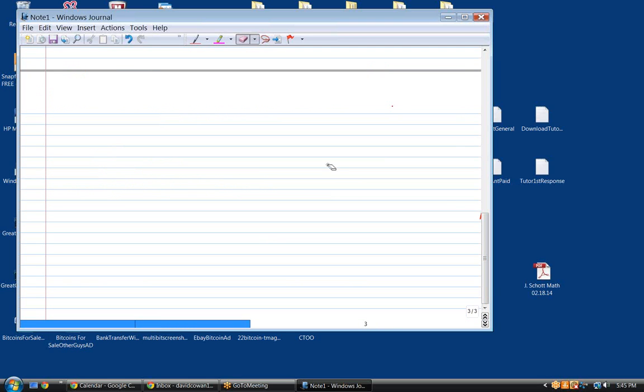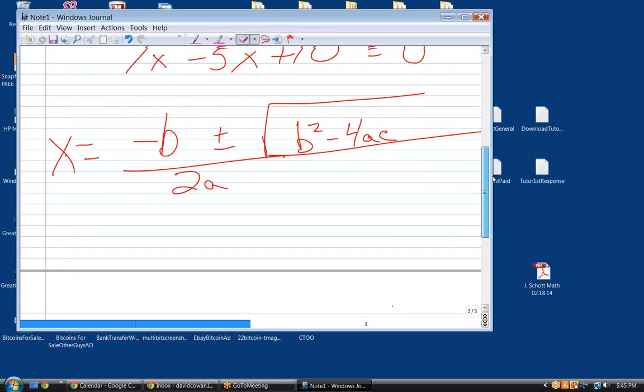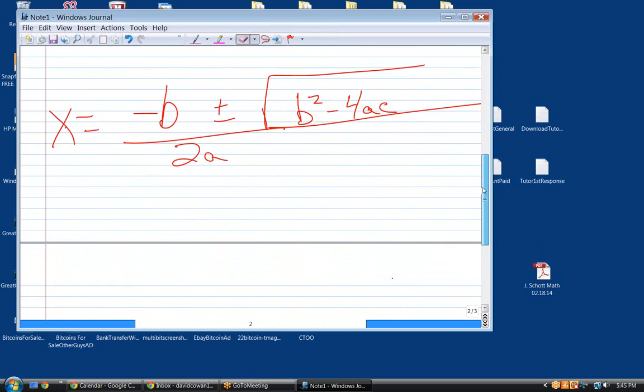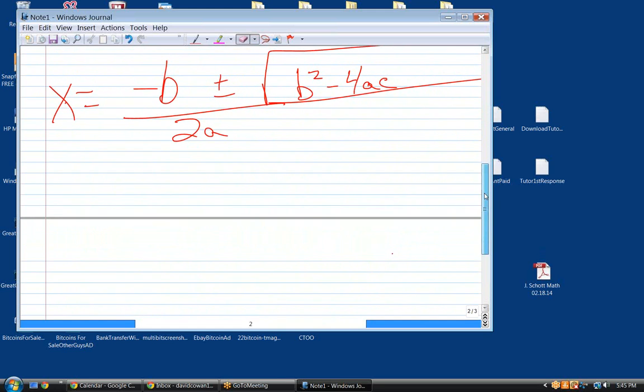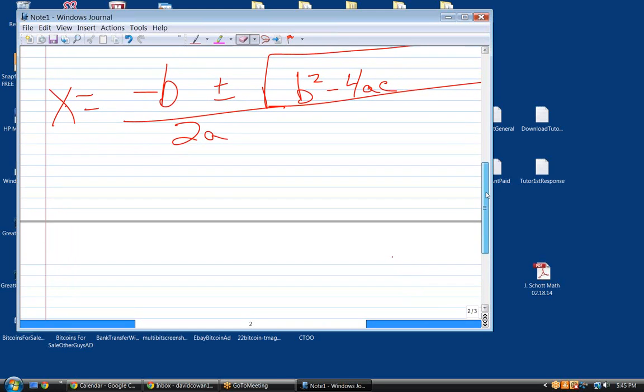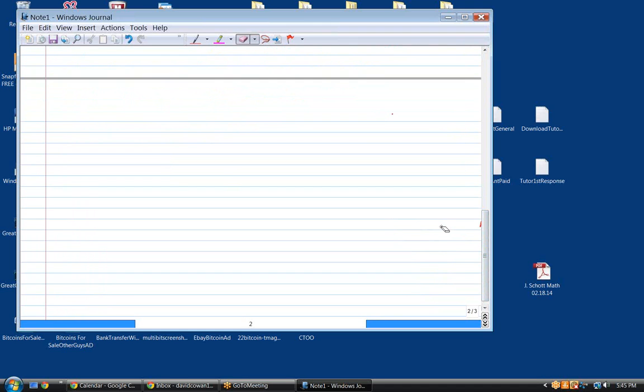So, let's see. Okay, yeah. What else do we need to cover here? And then, let's see. Can we do a couple more imaginary numbers? Like just a couple more problems. Yeah, here's something they may want you to know. What's I squared equal?